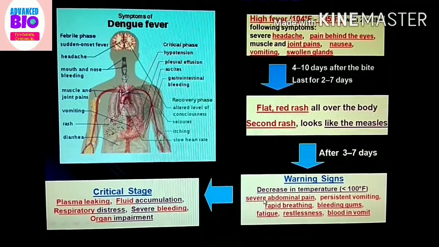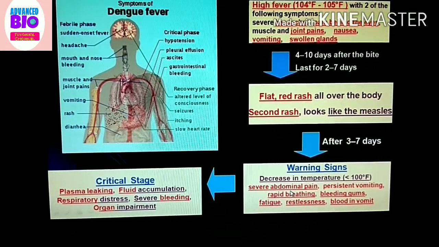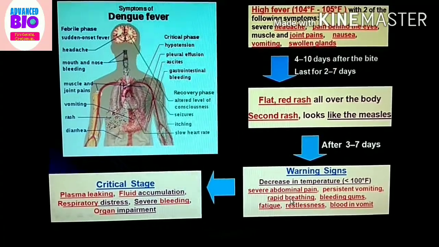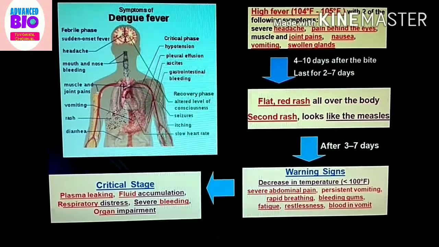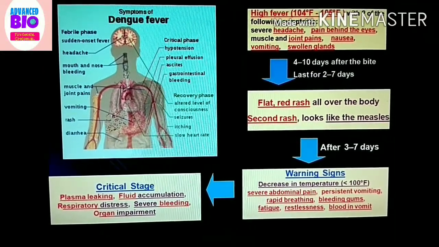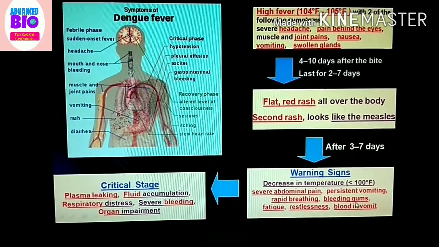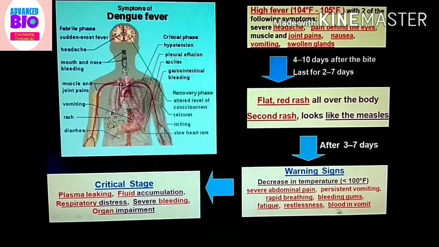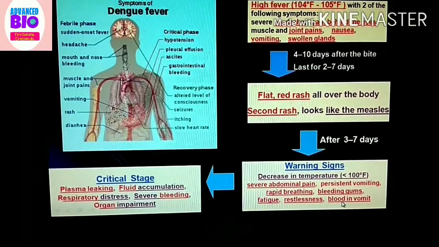And then some accessory symptoms: severe abdominal pain, persistent vomiting, rapid breathing, that is short breathing, which means the level of oxygenation is lowered. And bleeding from the gums, fatigue, restlessness, and blood in vomit. These are also seen.